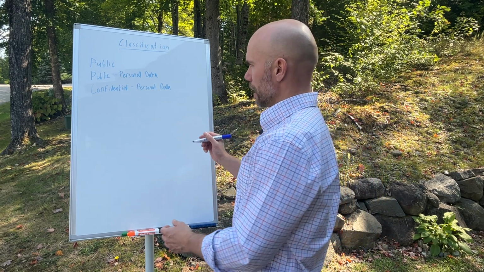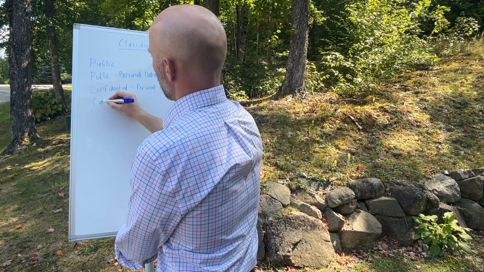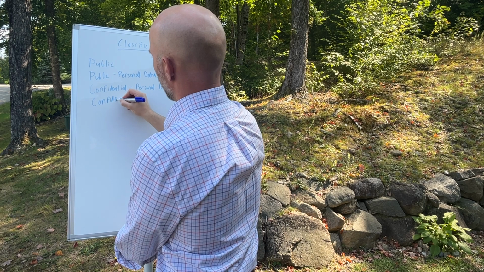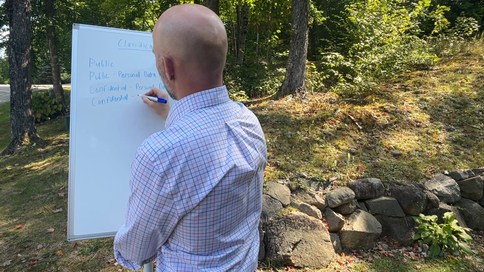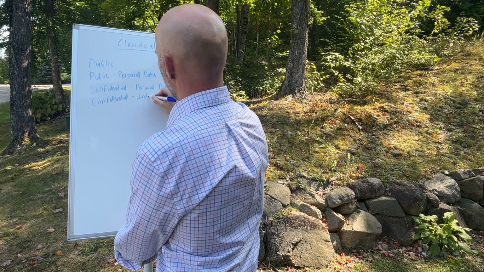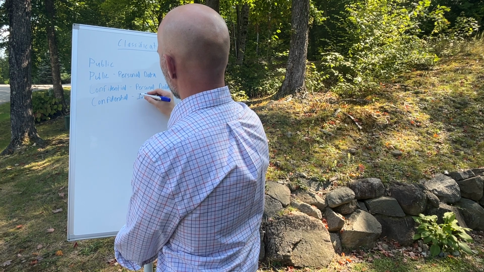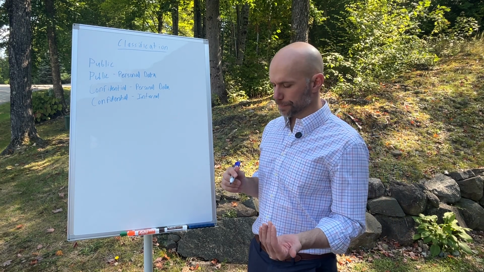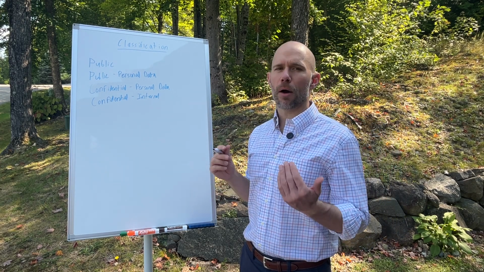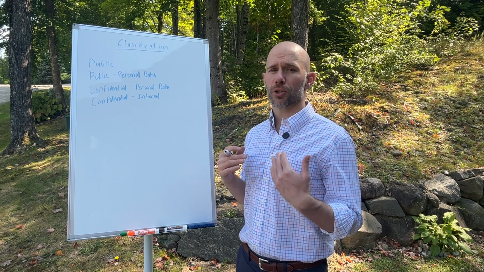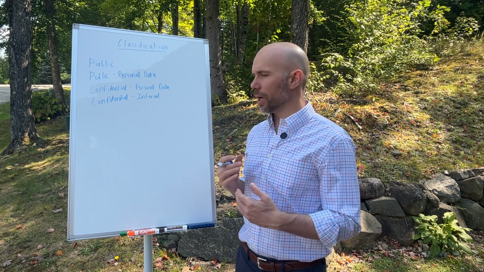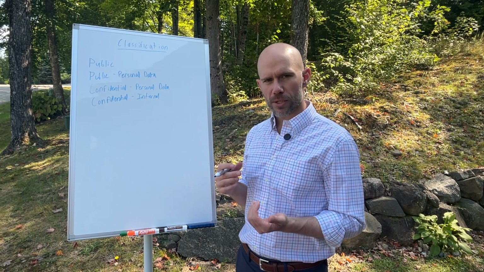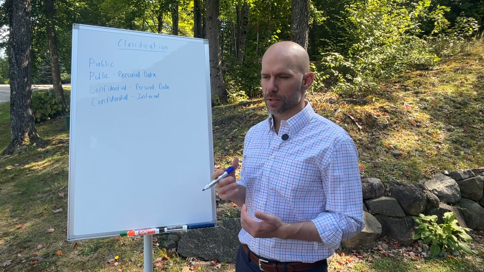Next up would be confidential internal. This is information that is not personal data that we want to maintain control of because of intellectual property considerations, competitive considerations, things like that.